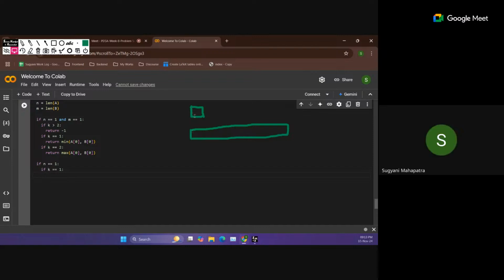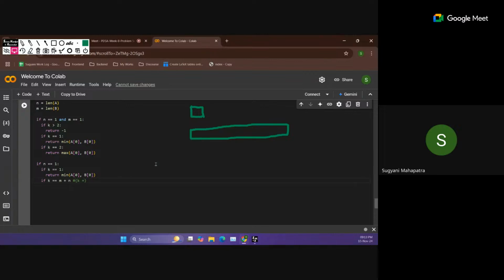Otherwise, we return B of 0. So basically, we will be returning the minimum of A of 0 and B of 0, right?